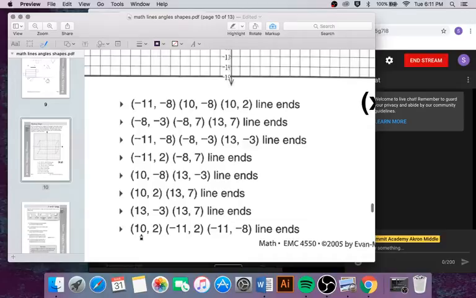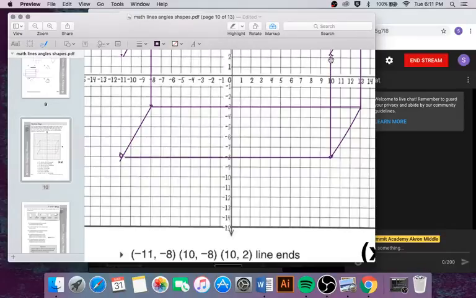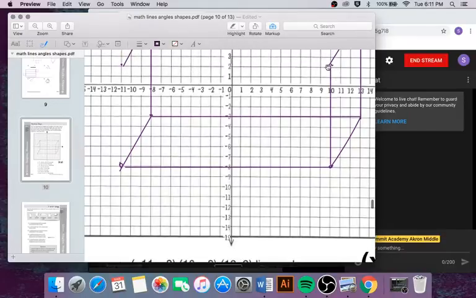Now we're down here, so we're going to do 10 and 2. So that's over 10 and up 2, which is right here where these two meet at this vertex.